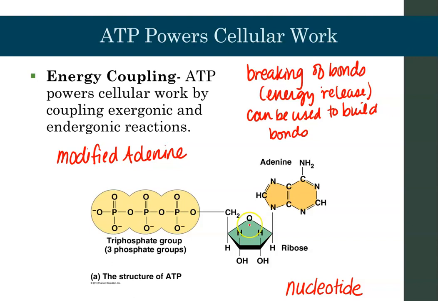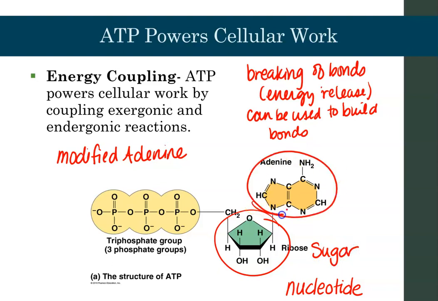Now, a nucleotide is a 5-carbon sugar, a nitrogenous base, and a phosphate group. But you might notice that ATP actually has 3 phosphate groups, which is why we call it adenosine triphosphate, ATP.